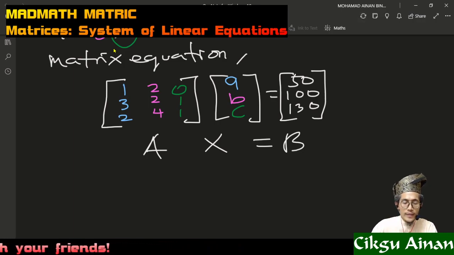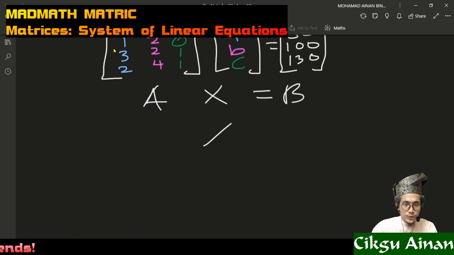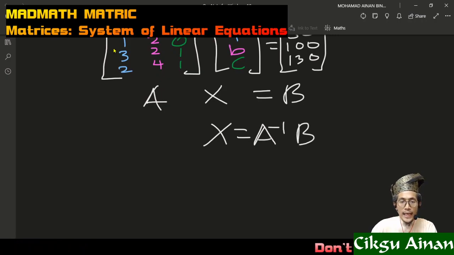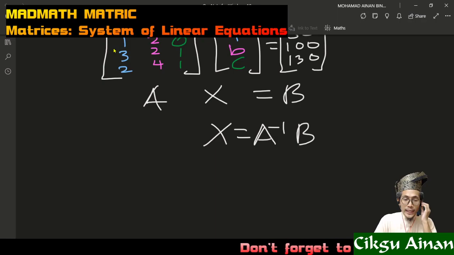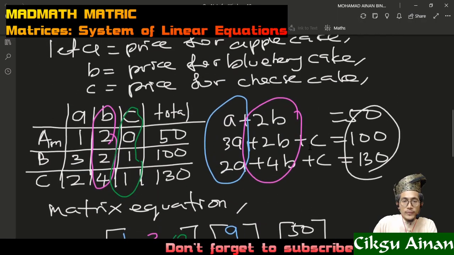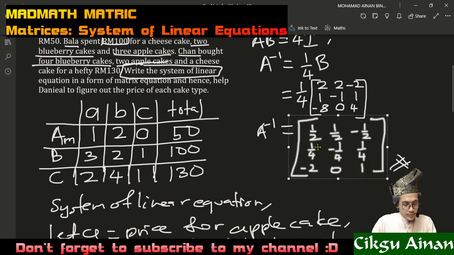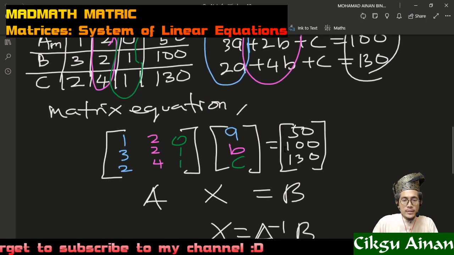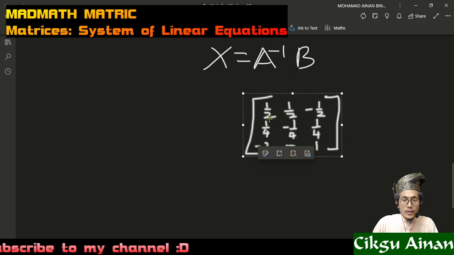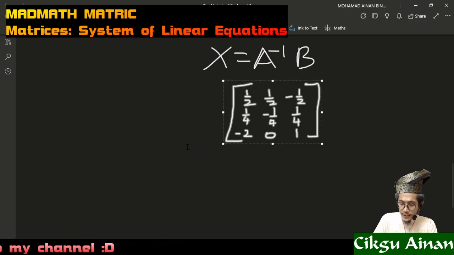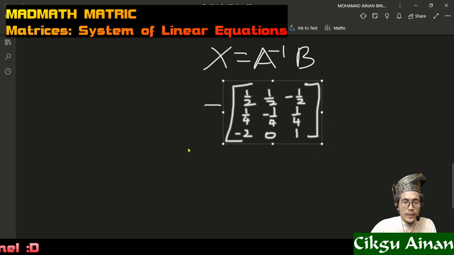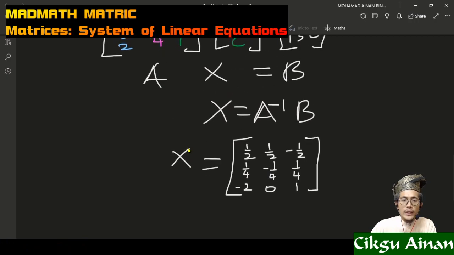Therefore, we can deduce that X equals A inverse multiplied by B. How do we get A inverse? We got it already up here. Look, copy and paste. You see, everything is copy and paste, very easy. Then put an equal sign over here. Now what is B?